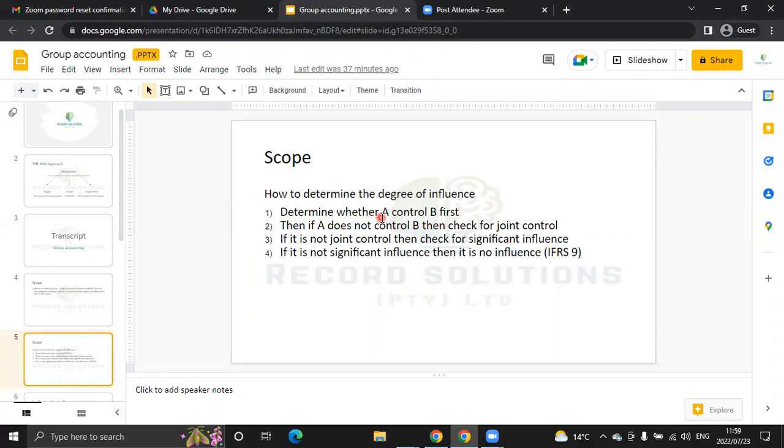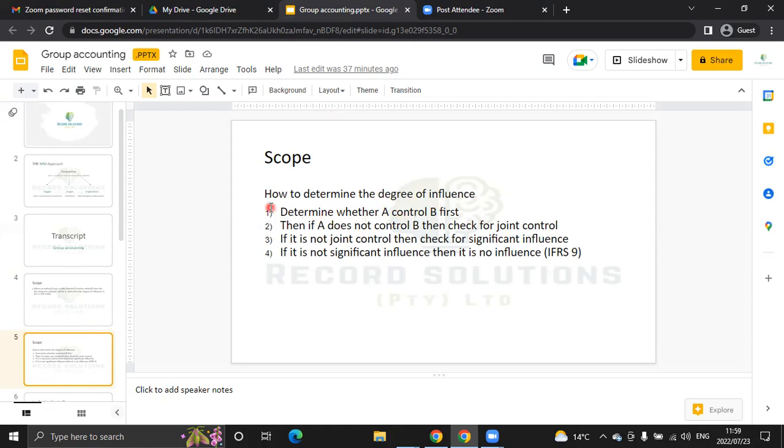Now how to determine this control, the control requirements, I will do that one later. It's not part of this topic, but firstly you have to determine whether entity A controls entity B. That's the first thing you do.